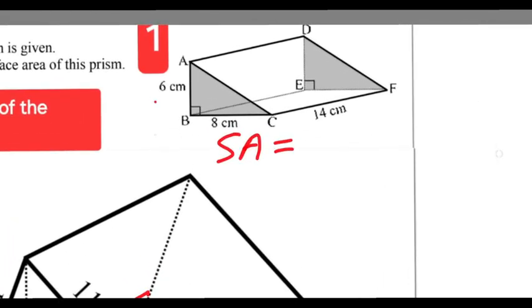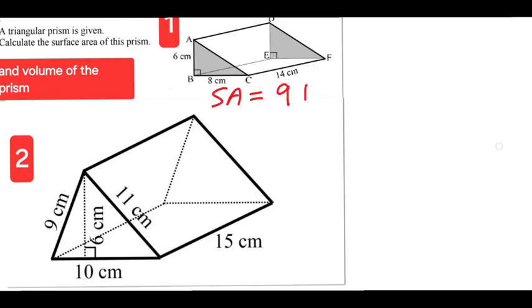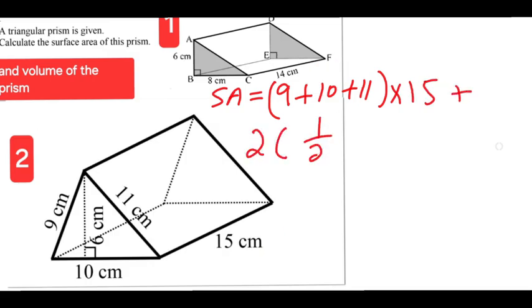You can see 1, 2, 3 sides. So 9 plus 10 plus 11, multiply. Now we're looking at the height of the figure. This is the height of the figure, h. So this is going to be 15 this time, plus area of two triangles, 1/2.